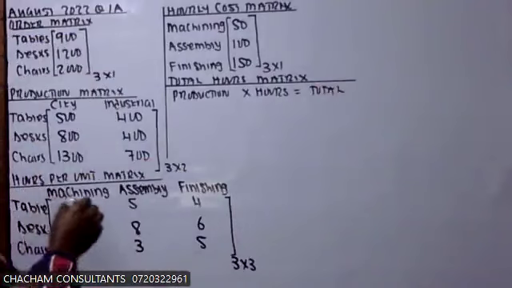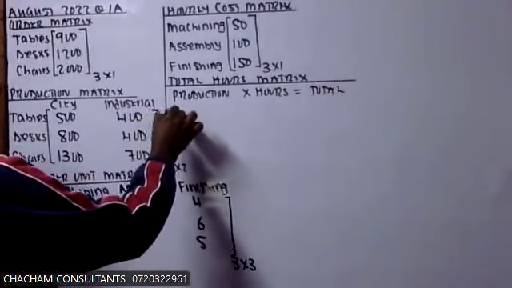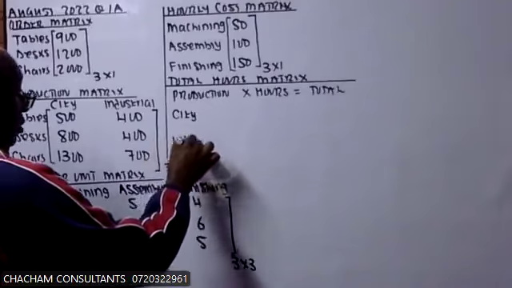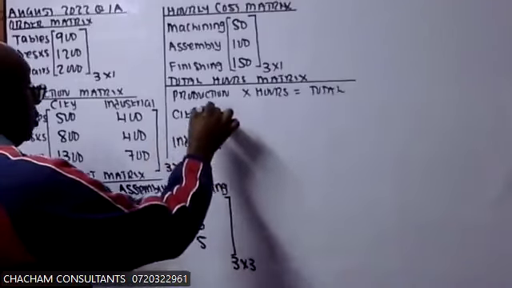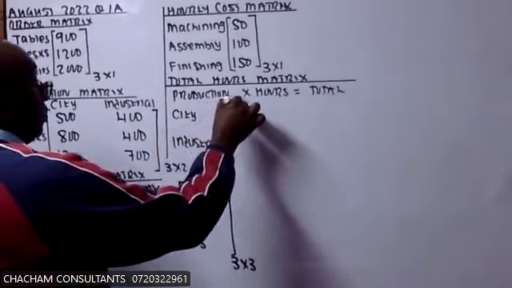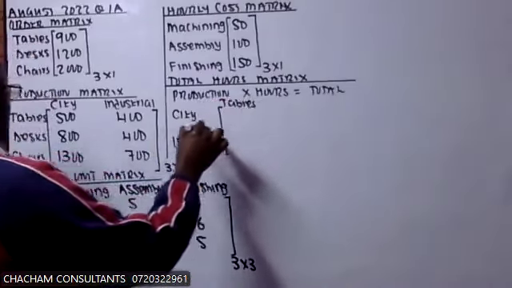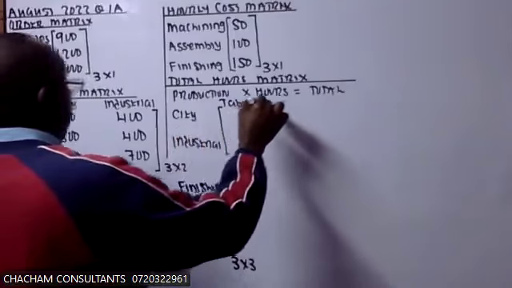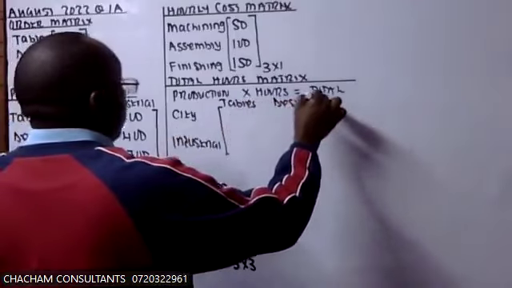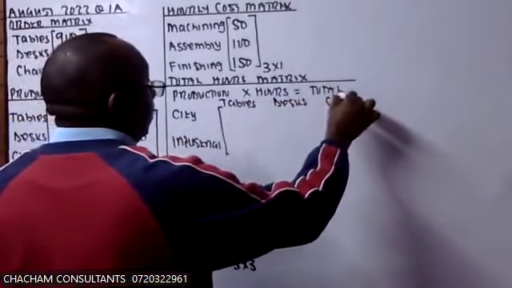When I transpose, this will be the set here. This will be industrial. These are tables. These are desks. And these are chairs.